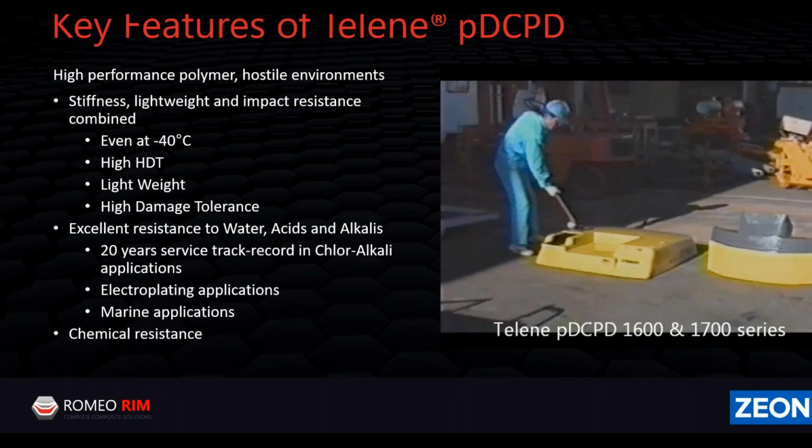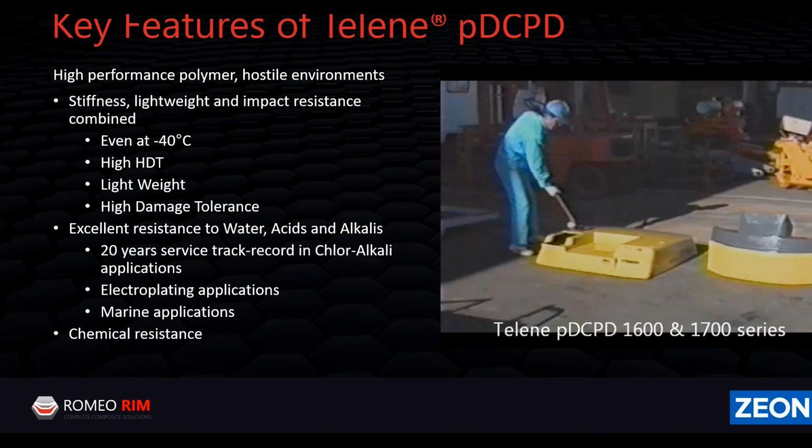So we talked a little bit about the damage tolerance. The DCPD is really an excellent choice where high levels of impact, abuse, things like that are encountered in the application. It's a thermoset material, highly cross-linked, so has excellent temperature extremes, particularly the low temperature extremes, but also a high HDT.